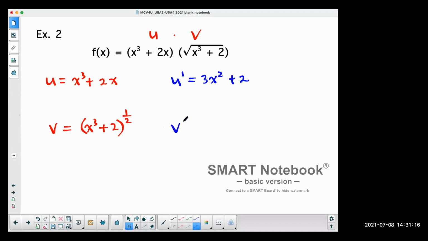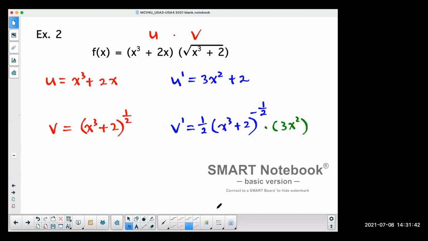What about V prime? Well, that's the chain rule. So I need to bring down a half. Oops, I'm ahead of myself there. x cubed plus 2 to the power of this minus 1, so negative half. But don't forget about the chain: 3x squared plus 0.